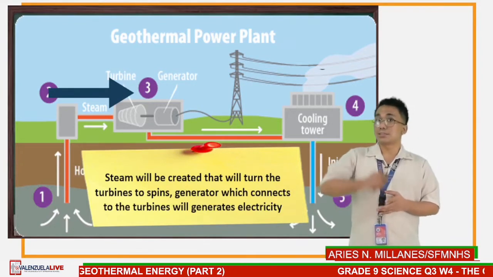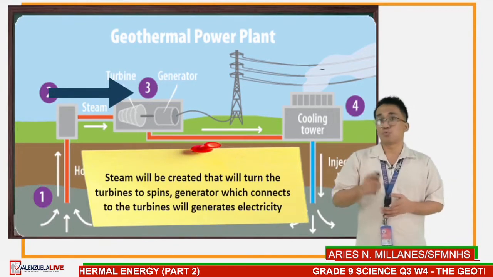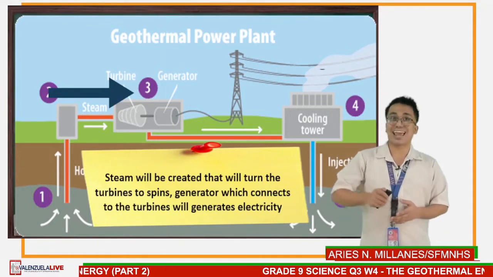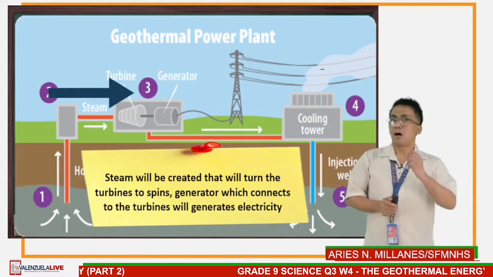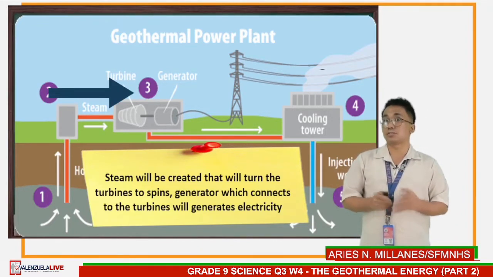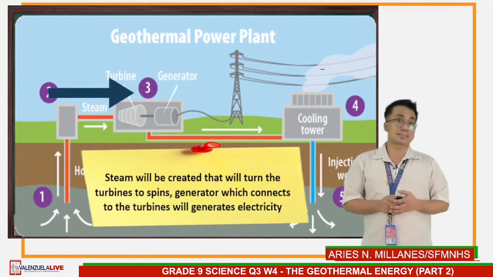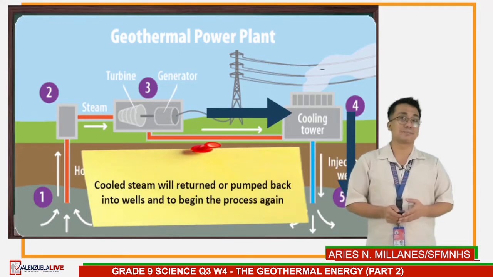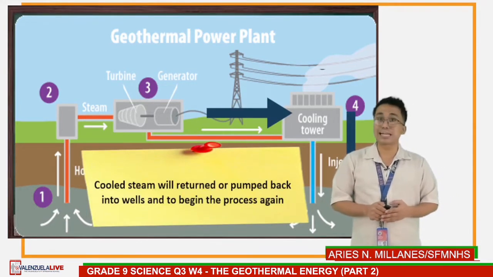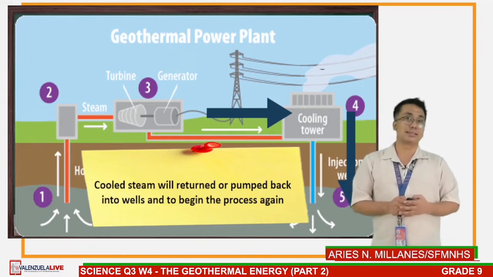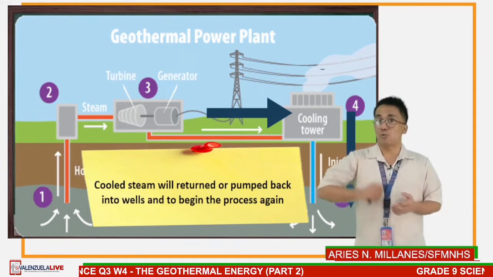The steam spins the turbine, which is connected to the generator that produces electricity. Also, the steam cools off in a cooling tower and condenses back to water. And lastly, the cooled water is pumped back into the earth to begin the process once again.